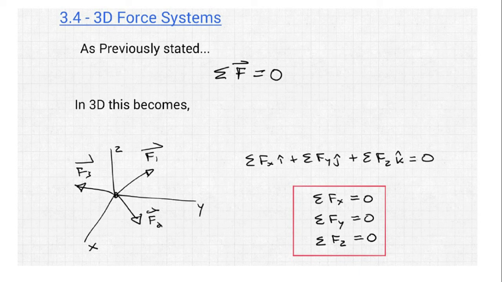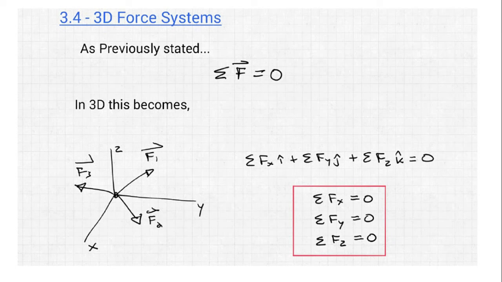So we will write it as sigma Fx is equal to 0, sigma Fy is equal to 0, and sigma Fz is equal to 0.